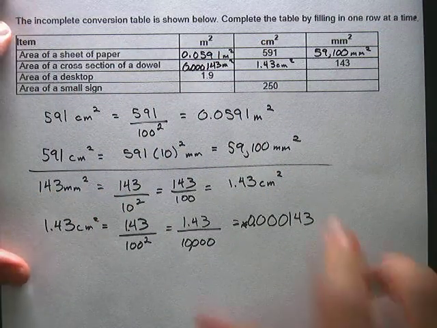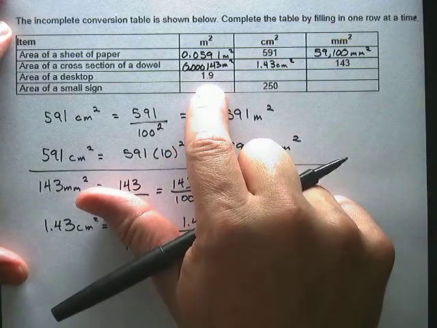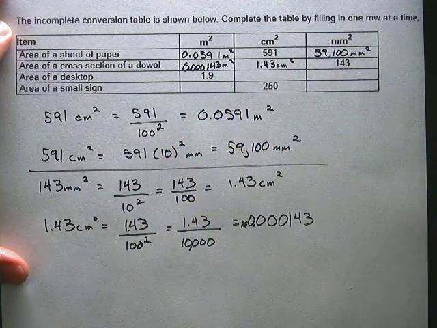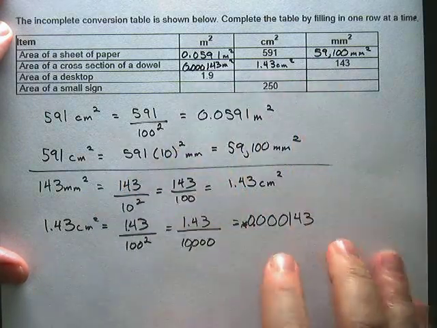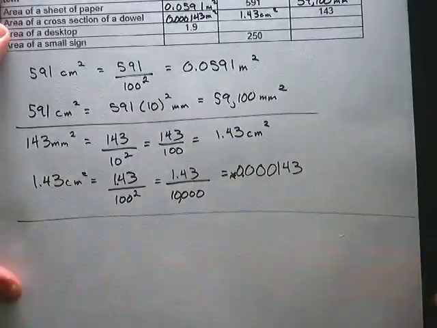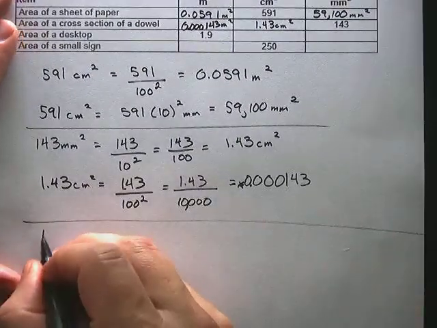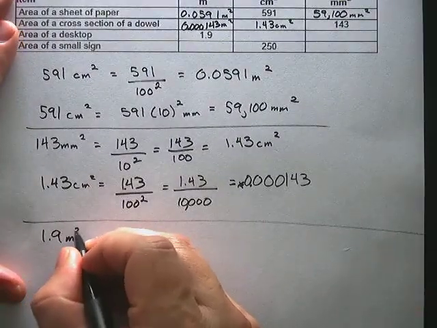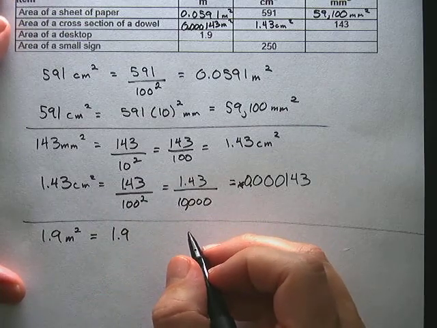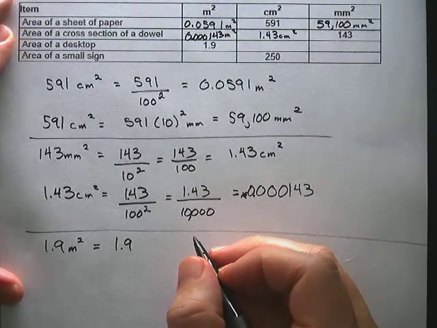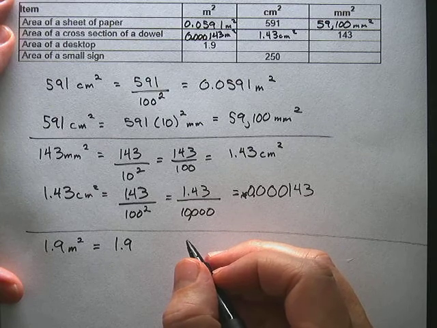Okay, now the next section, area of a desktop. We're starting with 1.9 meters squared. And we're going to centimeters squared and millimeters squared. So this one is just going to be multiplication. Okay, so 1.9 meters squared is equal to 1.9 times, what's the ratio between meters and centimeters? 100 to 1.